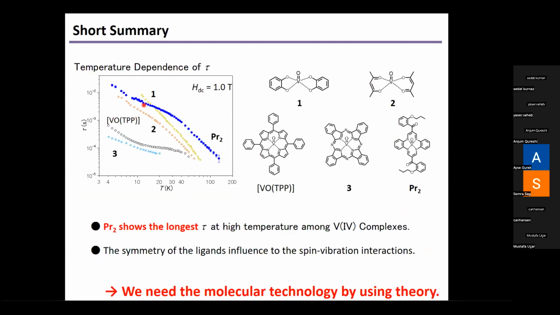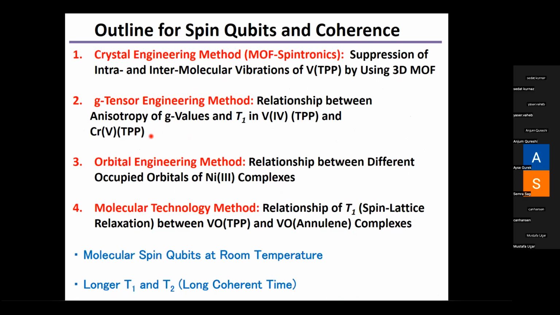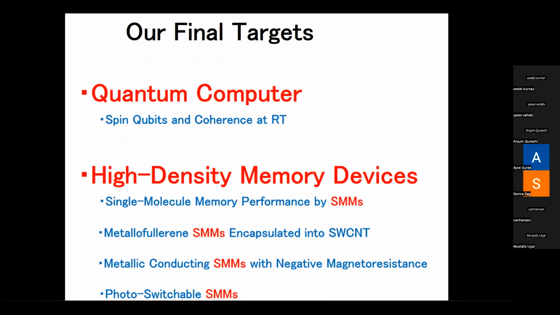So these are the results. Of all the vanadium compounds, propyl is the longest, but I don't know the reason. So then we need molecular technology using theory. We must realize the molecular spin qubit at room temperature, and also longer T1 and T2 long coherence time. That is our final target, to realize the quantum computer based on the molecular spin qubit.